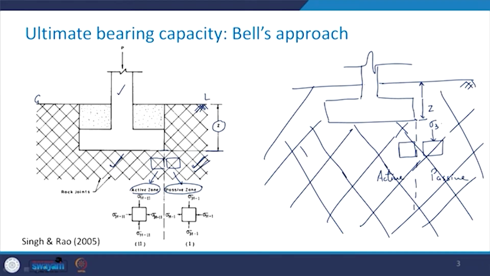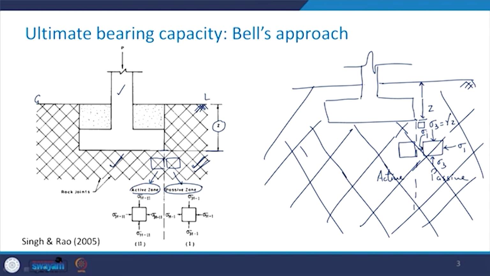That's going to be gamma times z, where gamma is the unit weight. Although for clarity I am drawing it a little bit below, this element is just adjacent at this particular level only. And here we have sigma 1. Likewise, here you will have sigma 3, and for this element you will have sigma 1.